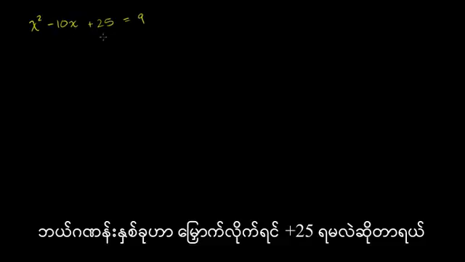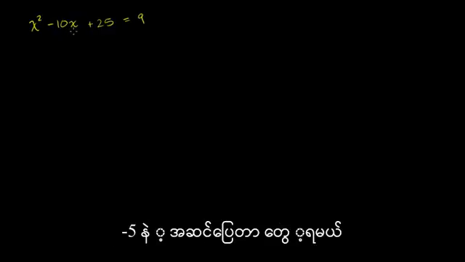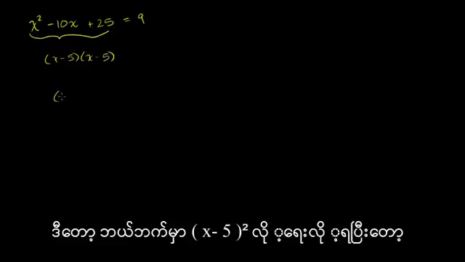And you see, well, what 2 numbers, when I multiply them, I get positive 25, and when I add them, I get negative 10. And hopefully, negative 5 jumps out at you. So this expression right here is x minus 5 times x minus 5. So this left-hand side could be written as x minus 5 squared.